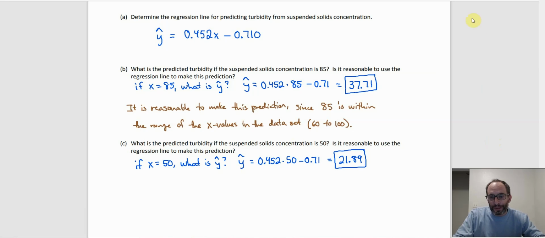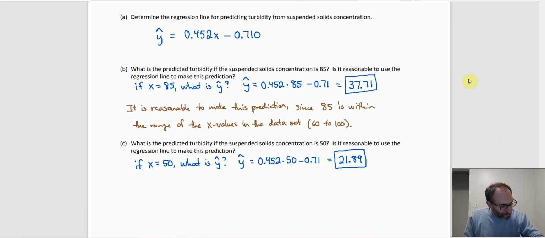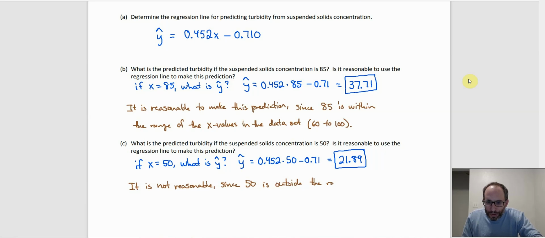And then is it reasonable? No, because that's outside the range of the x values. So this time I'll say it is not reasonable since 50 is outside the range of the x values in the data set.